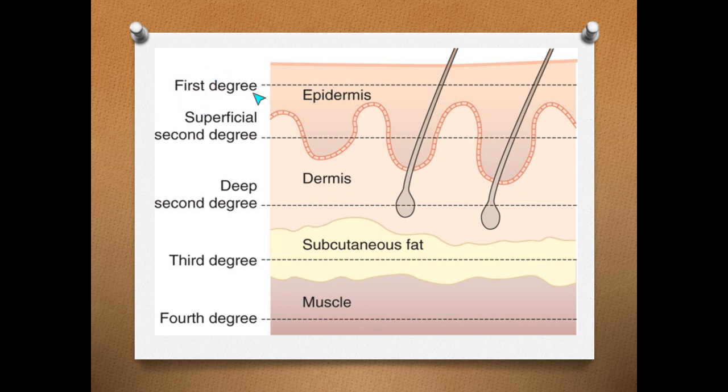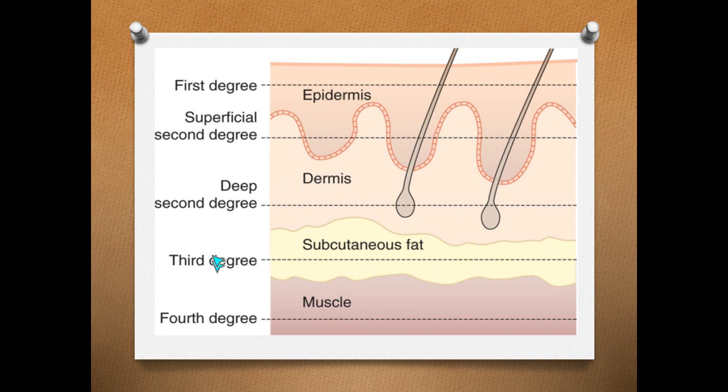And then you have a third degree burn, where the damage reaches the subcutaneous tissue, and this coincides with a deep full thickness burn, because the whole dermis is affected.